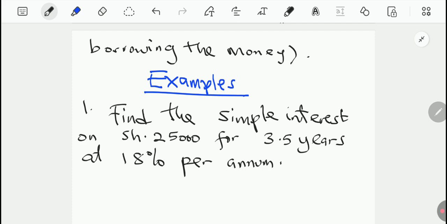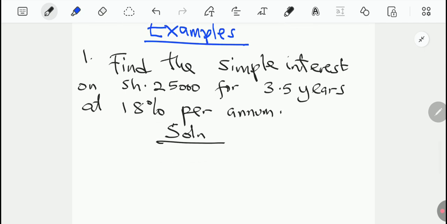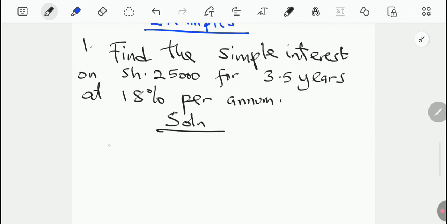We are told to find the simple interest on that money. Okay, I hope you have copied the question. That's the question. Now we need to get the simple interest for that amount of money.